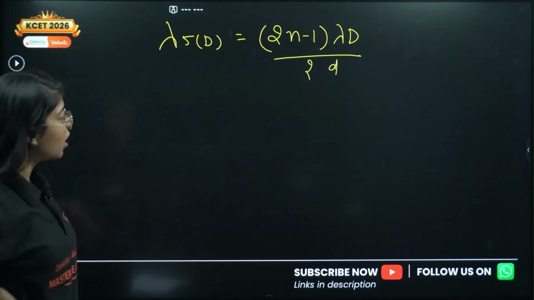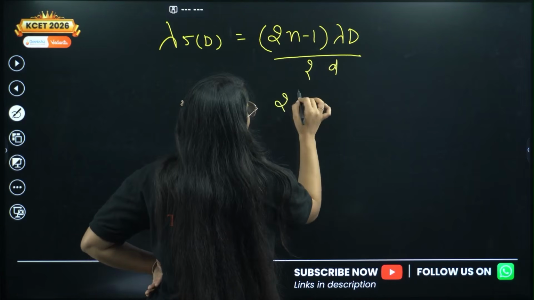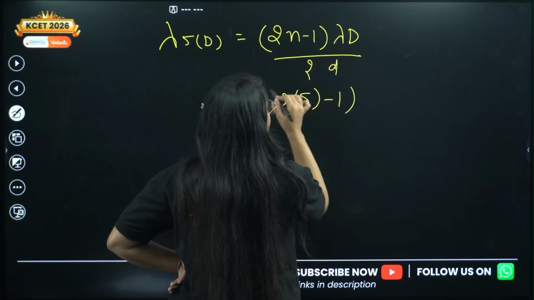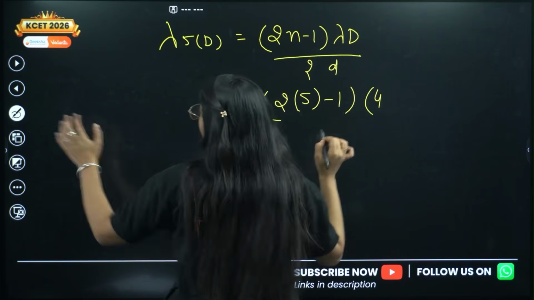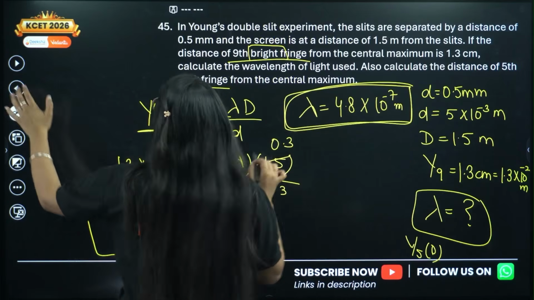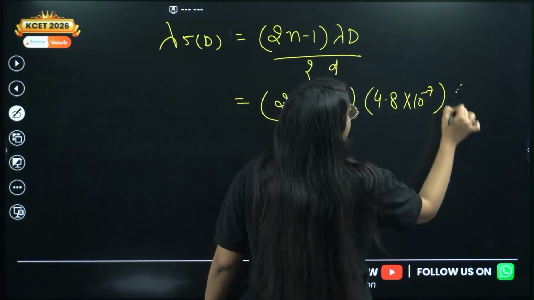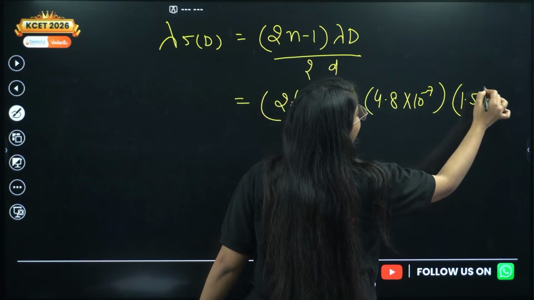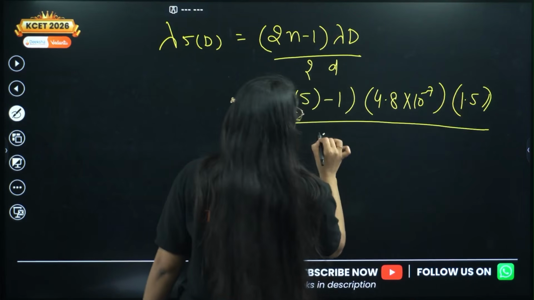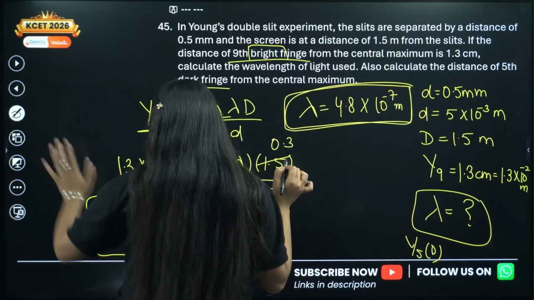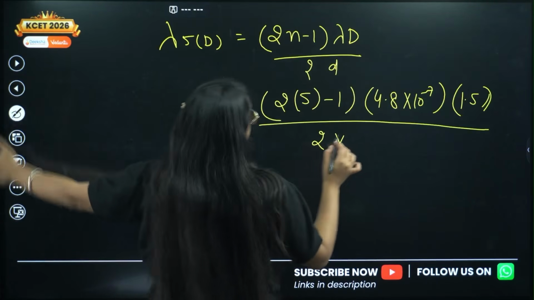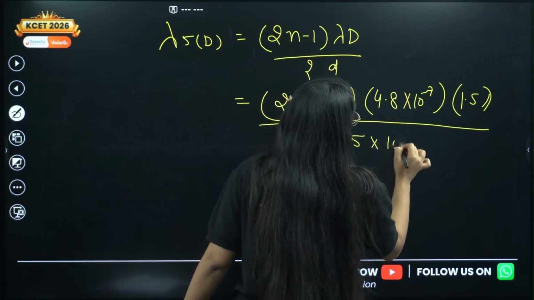So if you just put everything in, 2 into 5 minus 1, lambda we just found out, that was 4.8 into 10 raised to power minus 7, into D was 1.5, divided by 2 into d, this was 5 into 10 raised to power minus 3.